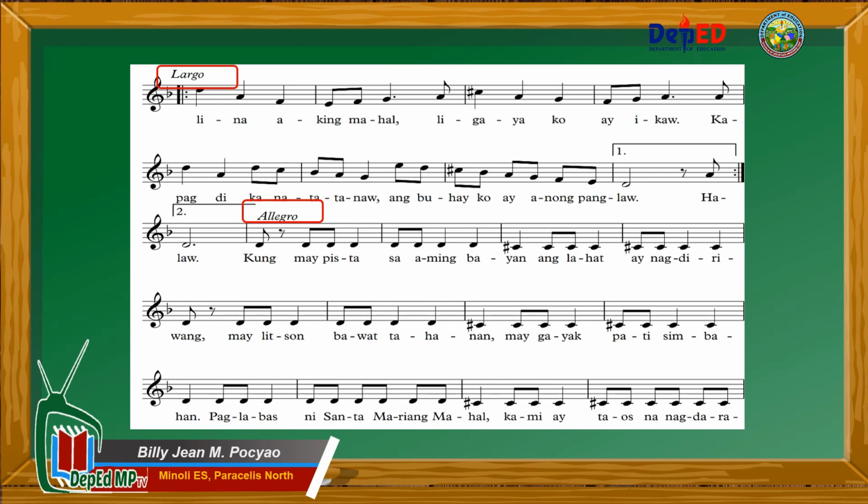However, on the fifth stanza, starting kung may pista sa aming bayan up to kung kaya't ang iba'y nag-aabang, this will be sung in a brisk, lively, and bright manner. Let's hear the difference from the other tempo marks on this part of the song.